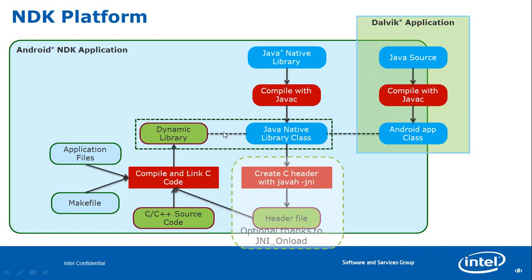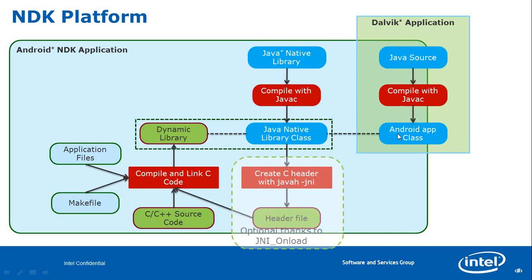As I mentioned, in Android applications you have C++ code, you compile it, you get the dynamic library, and then you compile using the Java native library class, so you get Java bytecode.